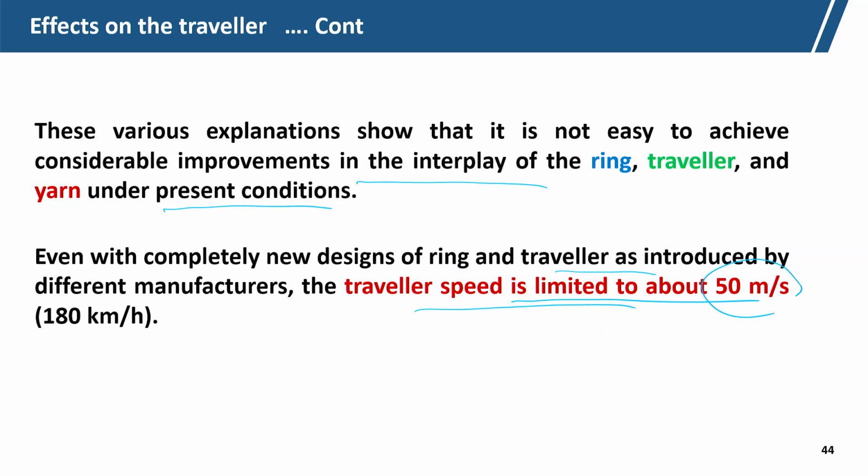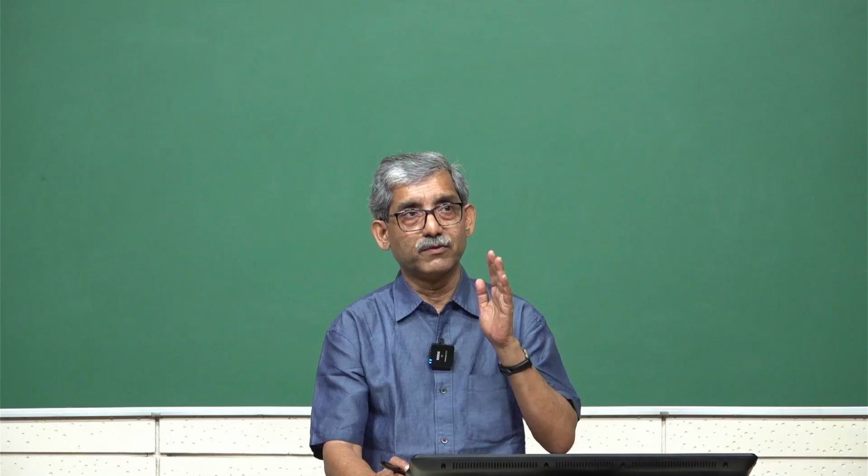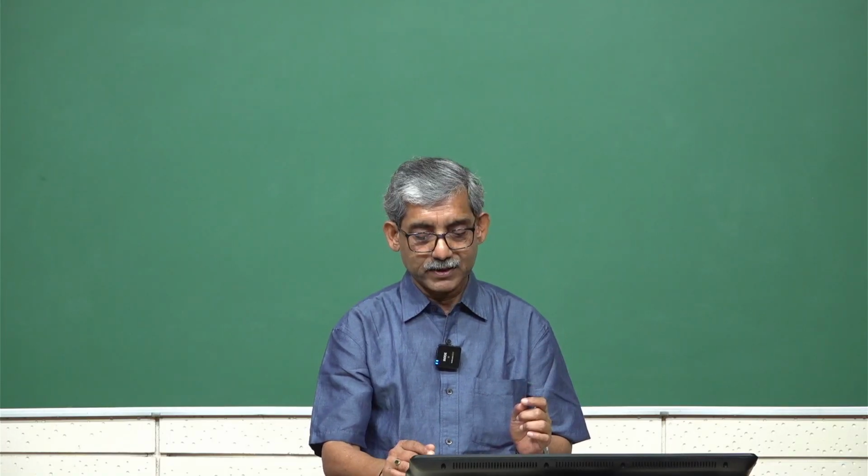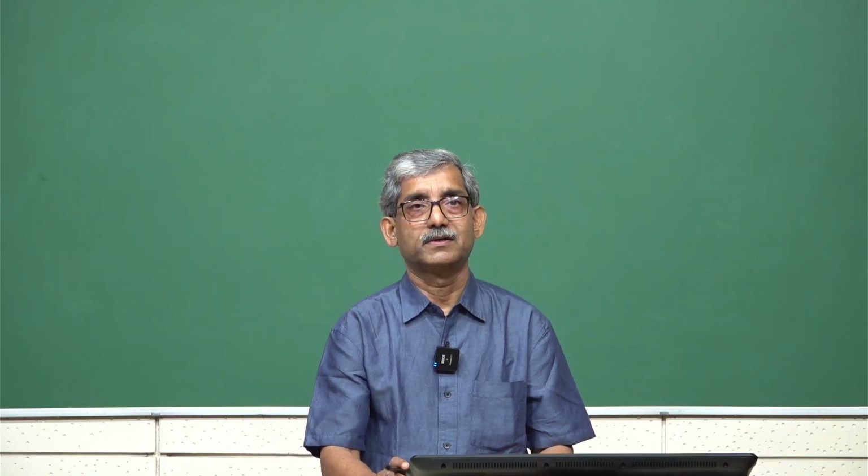That is why we cannot have very high productivity in ring spinning. Otherwise, in all other aspects ring spinning can produce a very good quality yarn. Only the productivity is limited by the traveller speed.